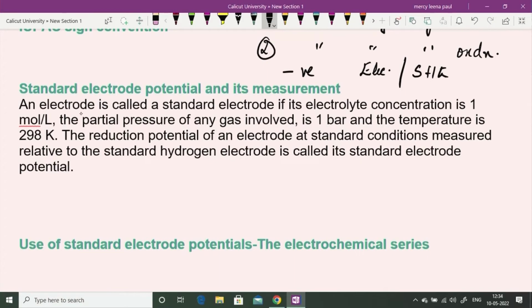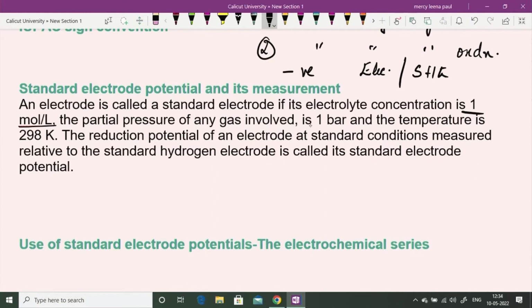Now, how is it measured? Before that, let us see what we mean by a standard electrode potential. An electrode is said to be a standard electrode if the electrolytic solutions involved in the electrode are of concentration 1 molar, or you can say 1 mole per liter. So, the concentration has to be 1 molar.